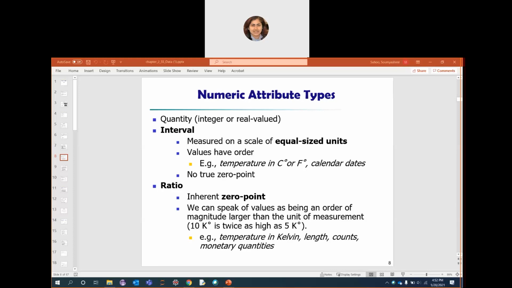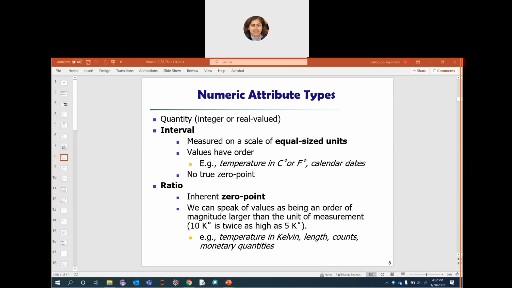Temperature in Celsius or Fahrenheit does not have a true 0 point, that is, neither 0 degree centigrade nor 0 degree Fahrenheit indicates no temperature. The best example is temperature, which has a certain form of intervals in it, equal sized units, and that is considered interval.